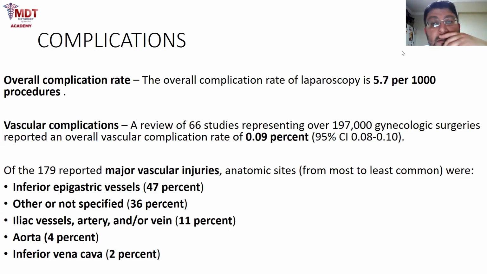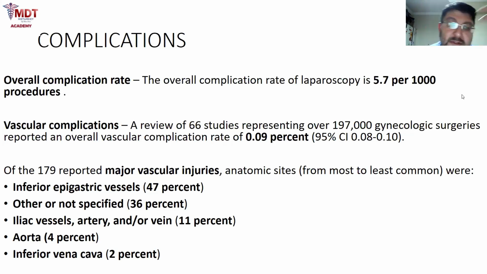But this is too low for me because nobody is reporting his or her complication rate. And I think this is not the real overall complication rate for the surgery.